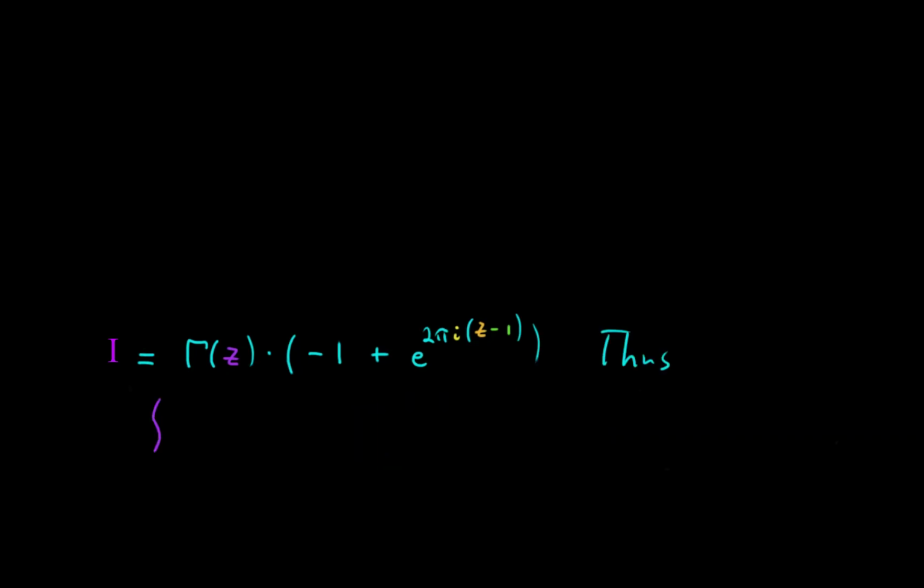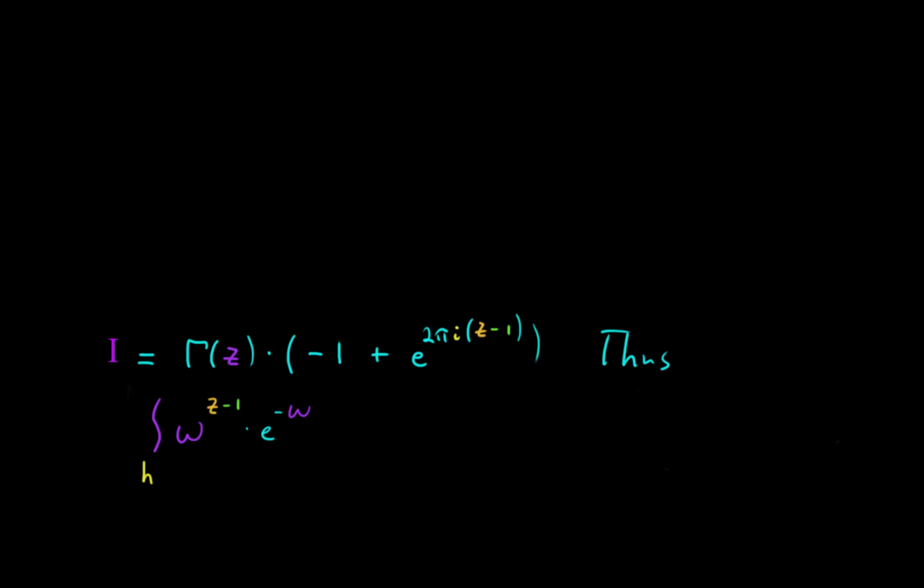So let's just remind ourselves what I actually represents. It's the integral over the limit Hankel contour lowercase h of the expression w to the z minus 1 times e to the negative w dw, where w and z are both complex numbers.